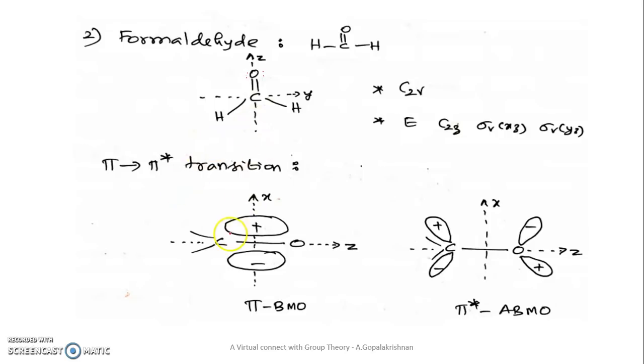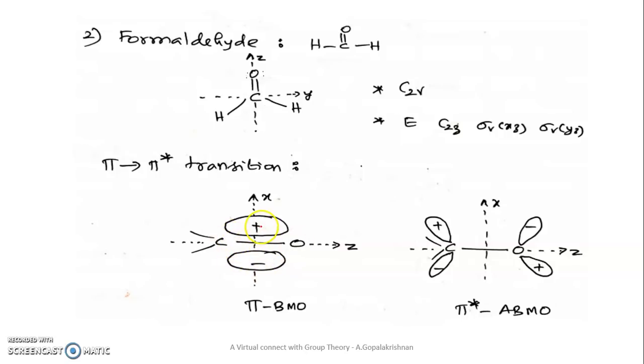First, listen, I'll keep the carbon and oxygen bond in this manner. So this is the Z axis and the X axis is here. Now listen, X and Z are in the plane of the screen, Y is perpendicular to the screen, because we kept the molecule like this. Now the pi molecular orbital has two lobes, one above the bond axis and the other below the internuclear axis.